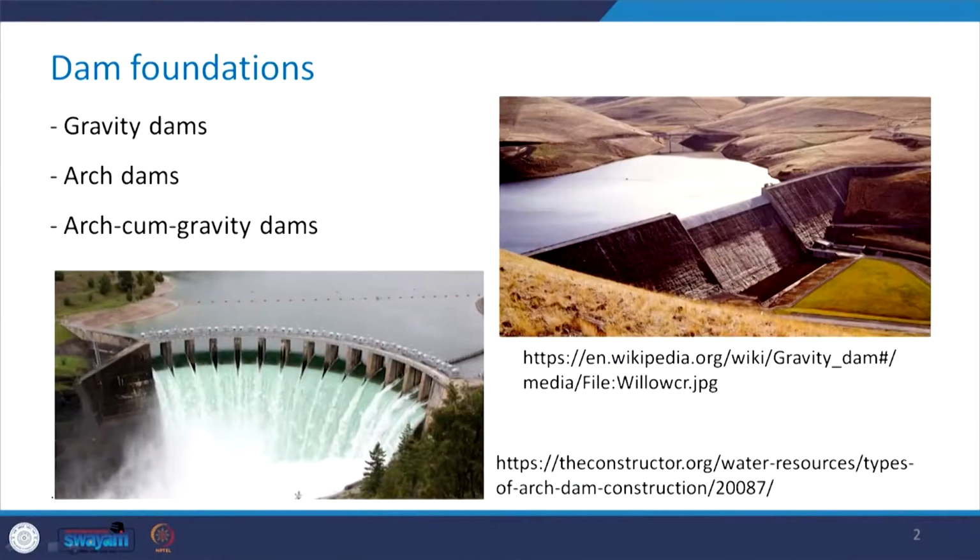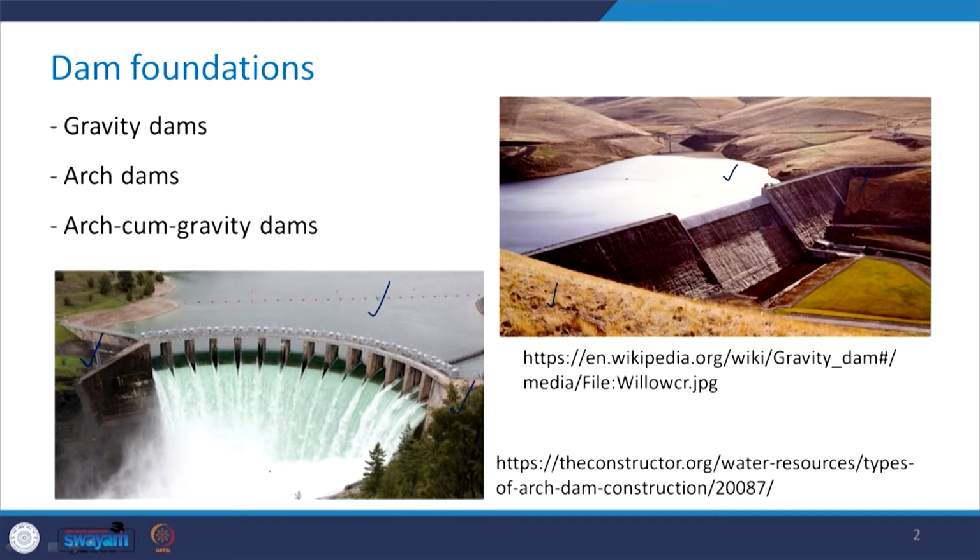Here I have put two pictures. This picture gives you the idea of how a gravity dam looks, and this one corresponds to arch dams. You can see here that the foundation is there on the abutments of the dam. In this case it is this side and this side.